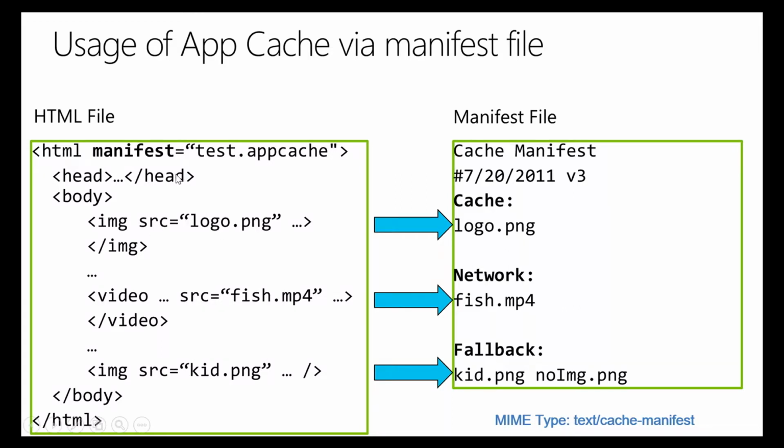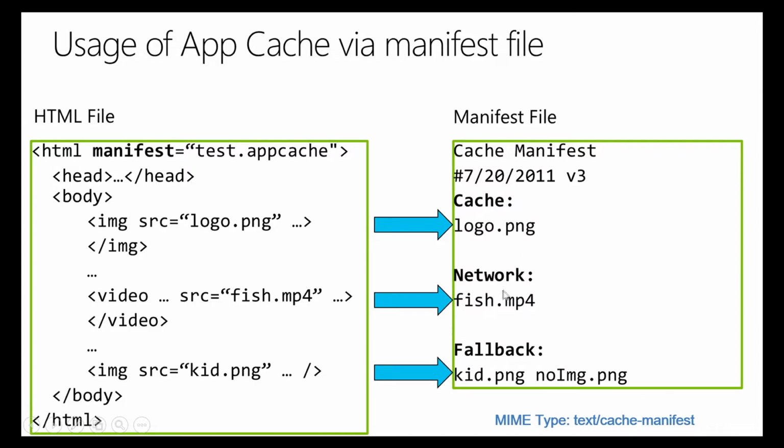At the HTML level, you put a manifest, associated with your configuration file for the stuff you want to cache. In this case, it's called test.appcache. This is actually external: your manifest file, test.appcache, is really external. You could configure it anytime and change it any way you want. Inside that, you say, I want to cache the logo image.